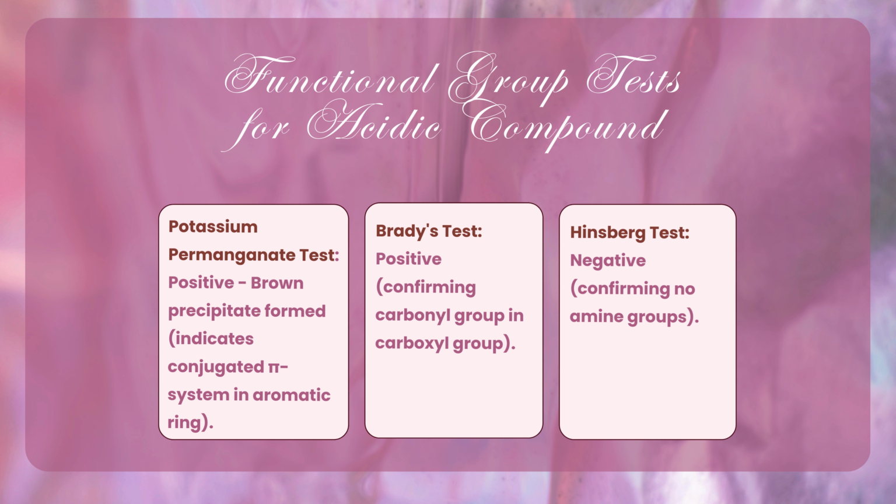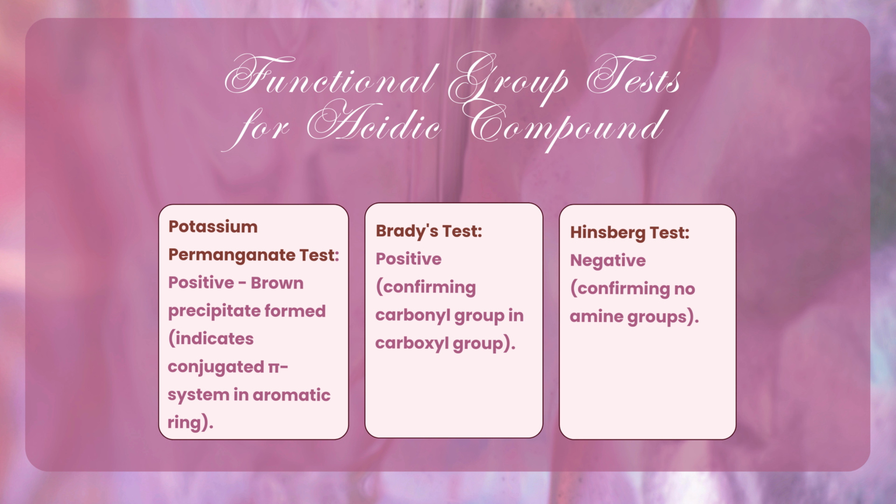And for the last test, which is the Hinsberg test, actually I felt that my unknown acidic compound might have an amine group or amide group, because I suspected that my Lassaigne test for nitrogen had some contamination, so that's why it didn't turn out to be Prussian blue. Because I'm a bit worried why my Lassaigne test shows negative for all results.